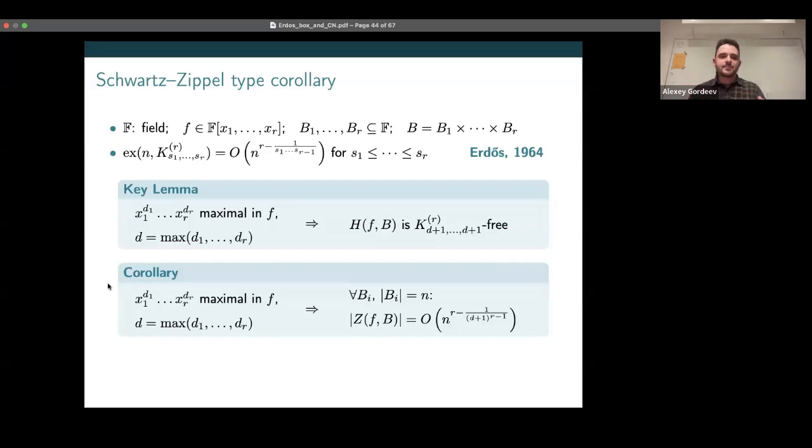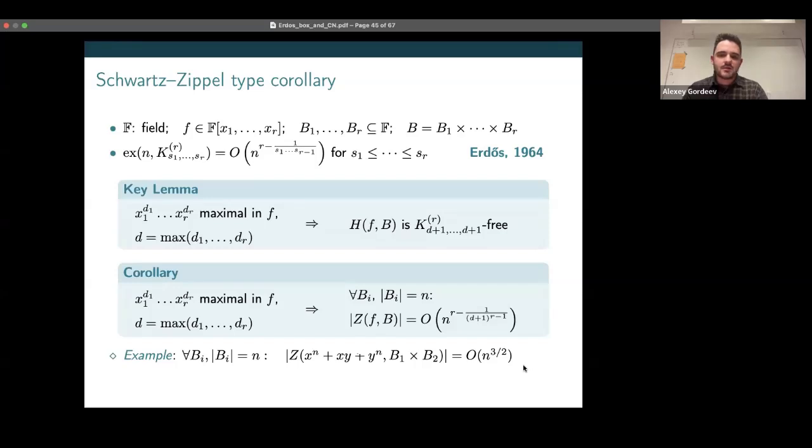So this is a result which is very similar to the Schwartz-Zippel lemma, where you have some conditions on the polynomial and you bound the number of zeros on a product set in some way. But this doesn't seem to follow from any versions of the Schwartz-Zippel lemma that I know of. And it's also interesting that the proof is basically graph theoretic. So for example, if we take a polynomial like that, x to the n plus y to the n plus xy, then by this corollary, on any product set of size n in each component, it would have at most n to the 3/2 zeros.